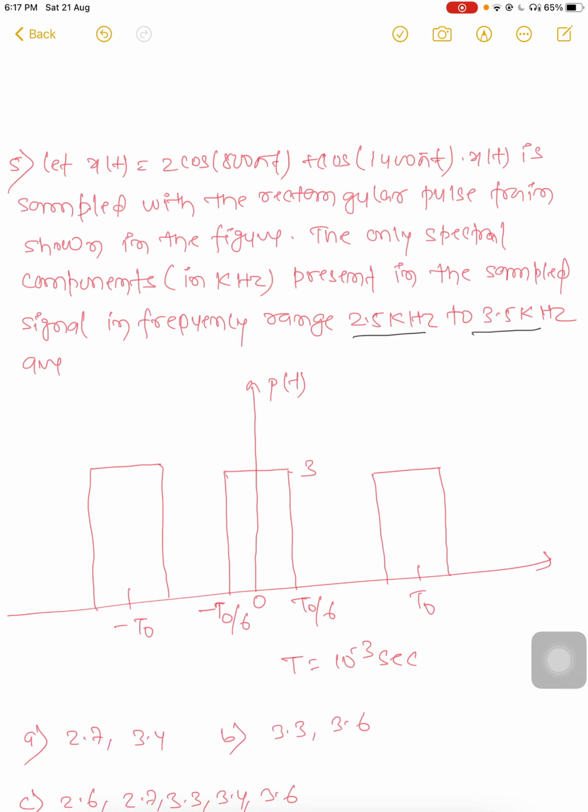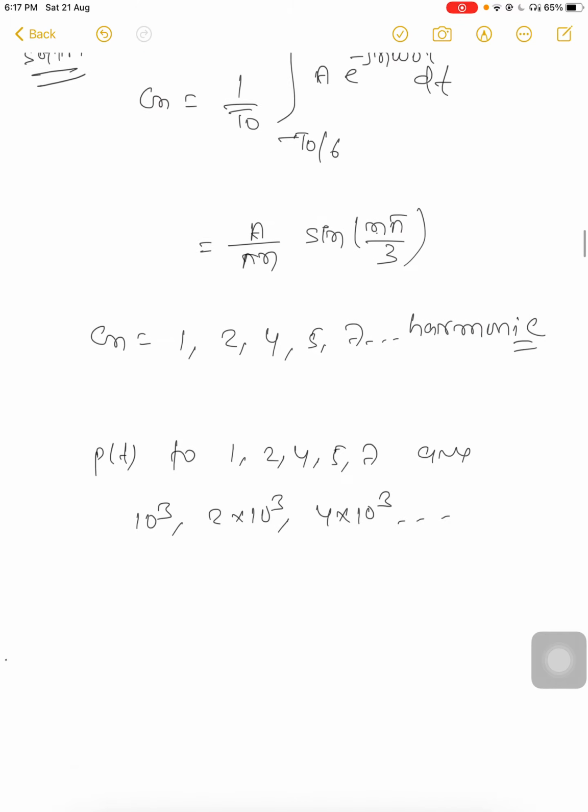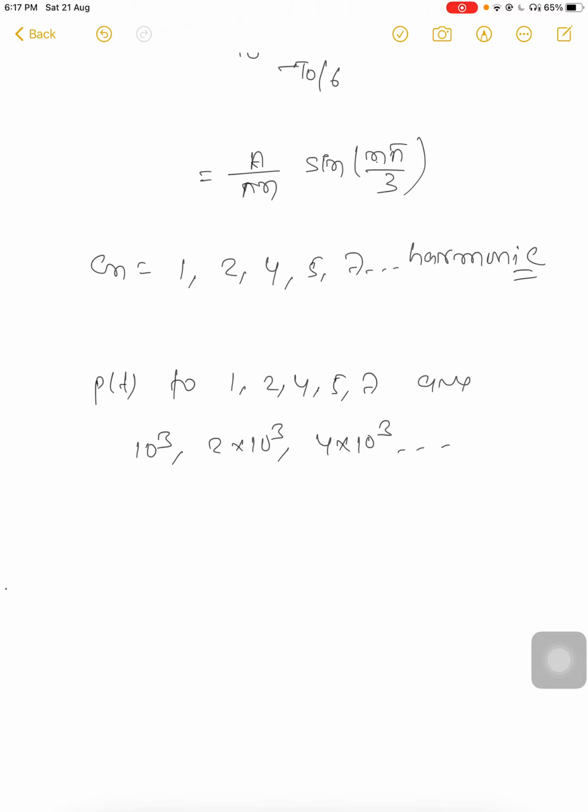Now x(t) has frequency components of 0.4 kilohertz and 0.7 kilohertz.